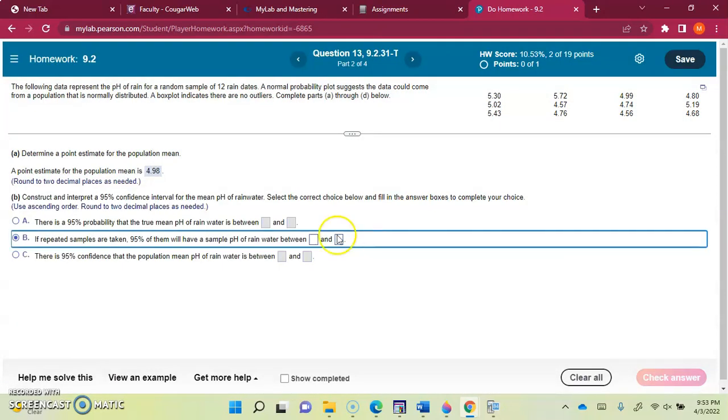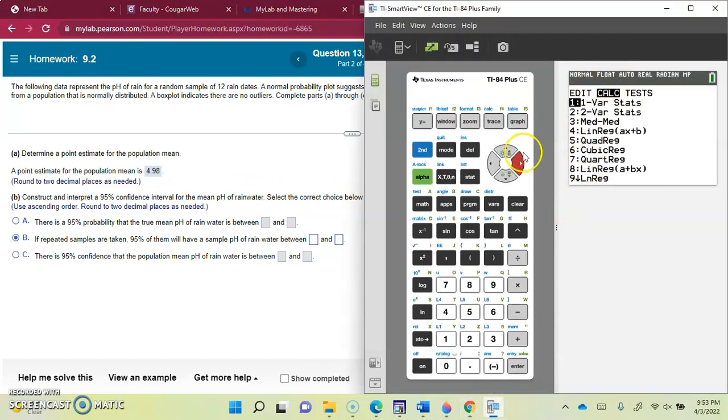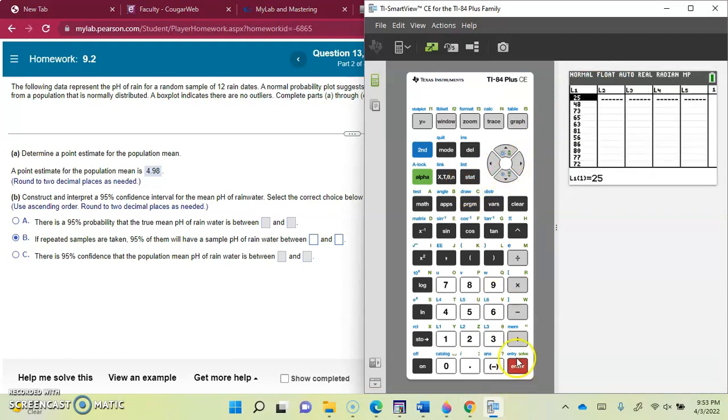Okay. Construct and interpret a 95% confidence interval. So you can either enter this into the list, stat, and edit and list, and then this is a different list, so clear it first.